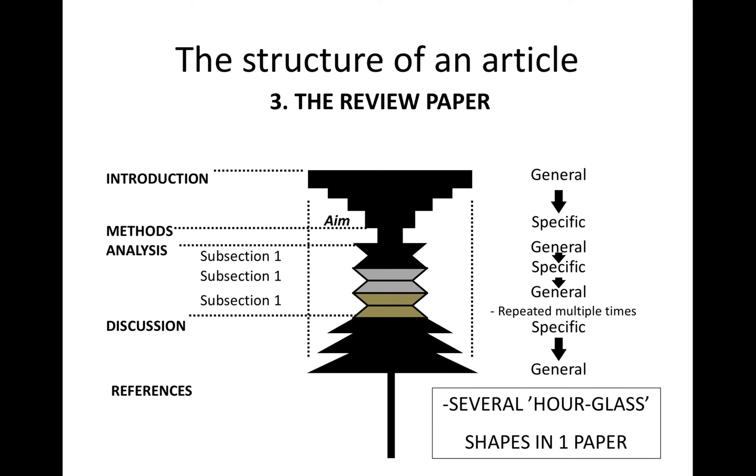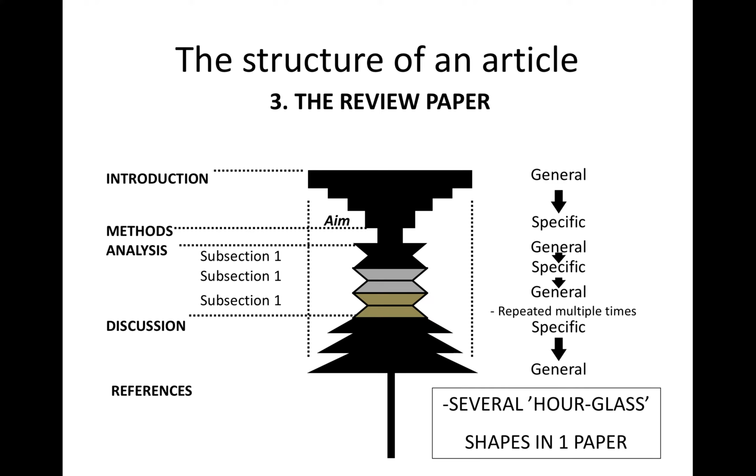And third and finally, we have review papers. So basically reviews of other scientific literature. And these typically have also largely the same structure as a traditional paper, with the big difference that the results are usually replaced by an analysis section where different types of literature are analyzed.